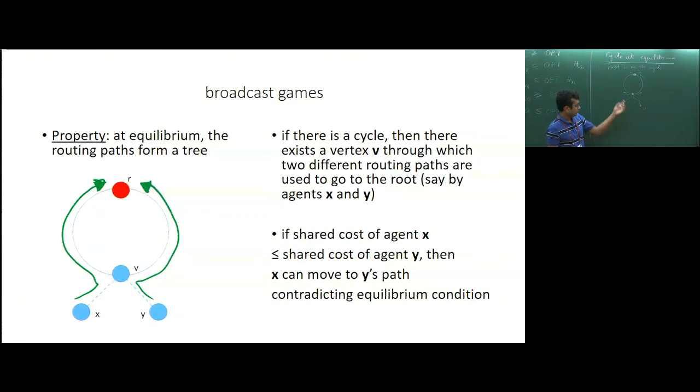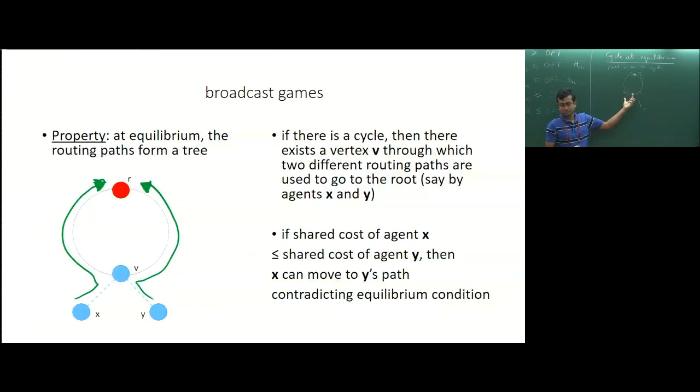Why? Because if these two have the same shared cost, then of course if I move any one to the other, my shared cost improves because the number of users has improved at least by one. Therefore, in fact, wherever I am moving to, the shared cost drops, and therefore I have an improvement.